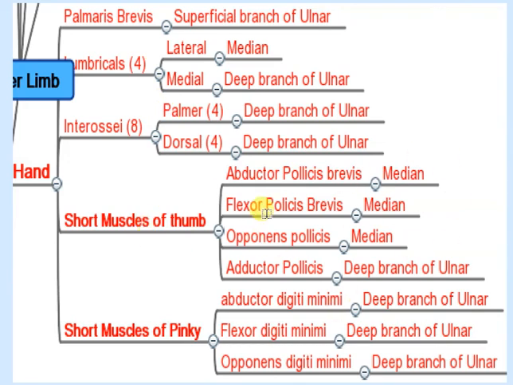So this diagram just summarizes the muscles of the hand, and we have not shown them in diagrams in this lecture, but I beg you to go through the atlas, Netter's atlas, and you can see different muscles of the hand. Also you can use Snell's clinical anatomy book, and Moore's clinically oriented anatomy.